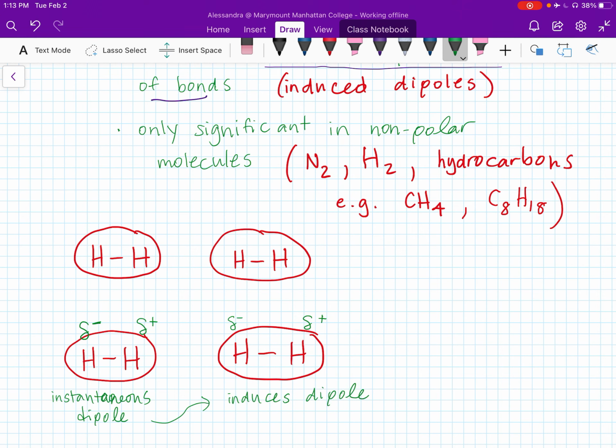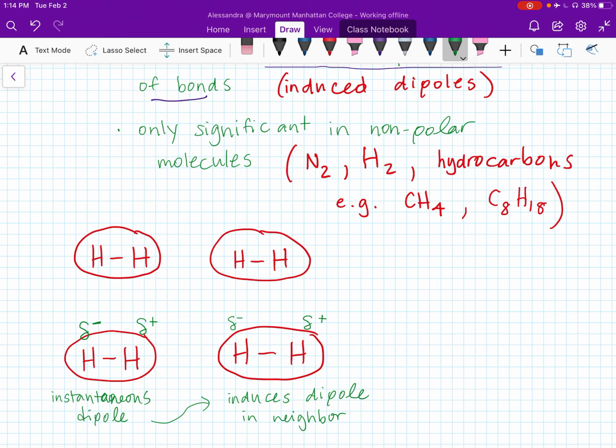So you have these very small instantaneous dipoles on molecules. And those momentary asymmetrical charge distributions are strong enough to attract molecules to each other.